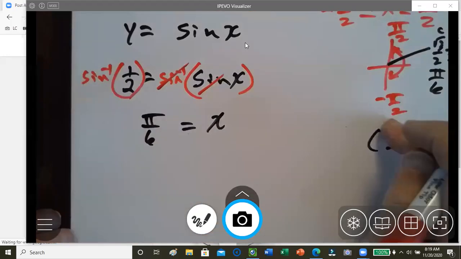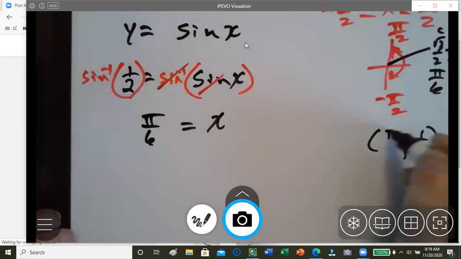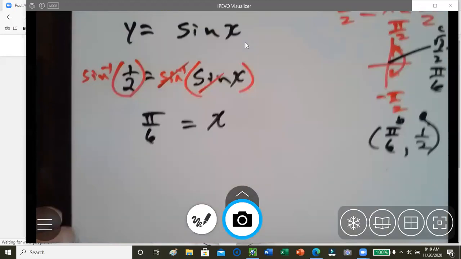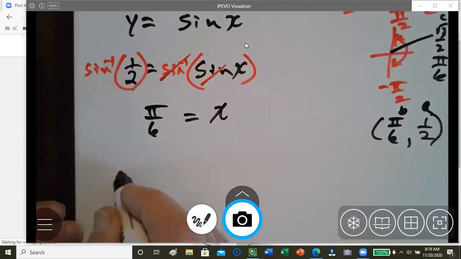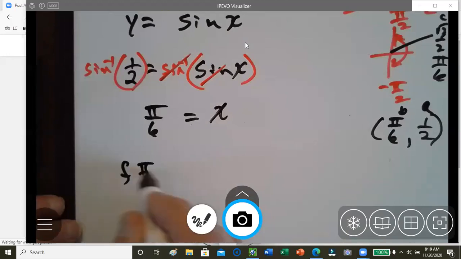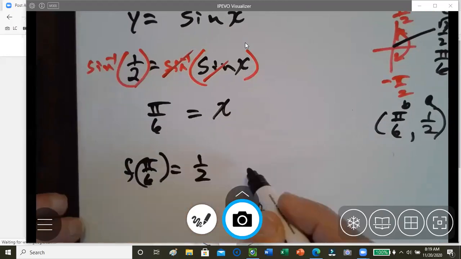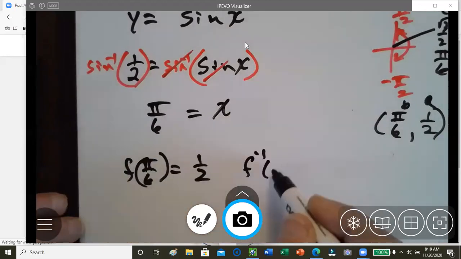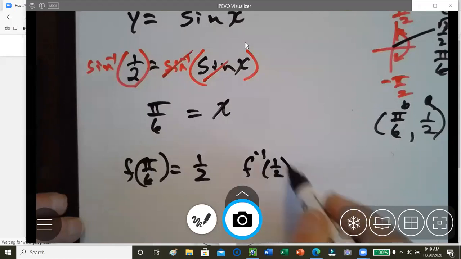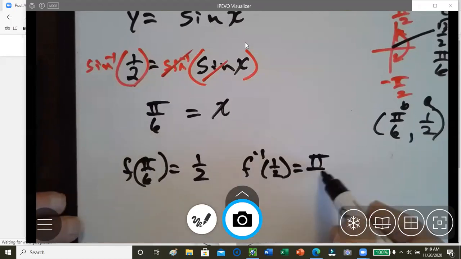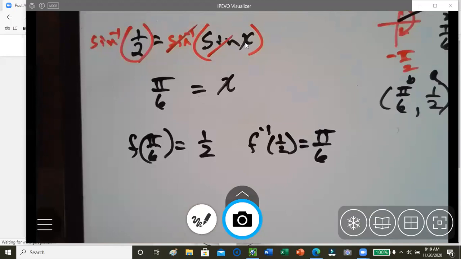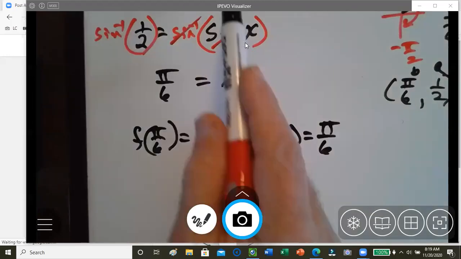So that means our angle is pi over 6. So this is our B and A. We're saying here that f of pi over 6 equals 1/2, and the inverse at 1/2 equals pi over 6.